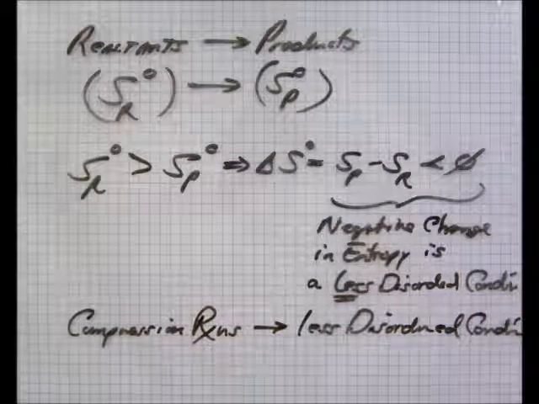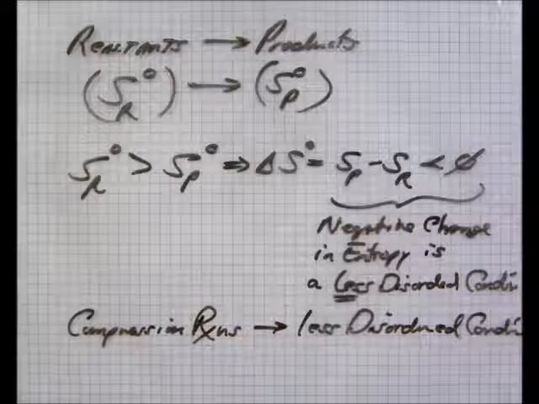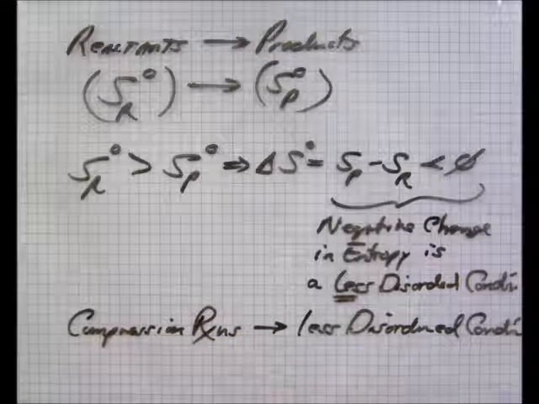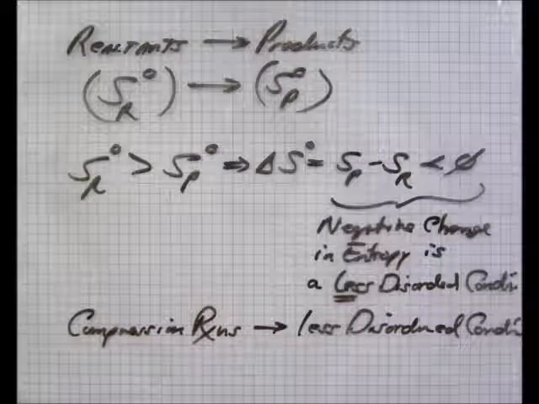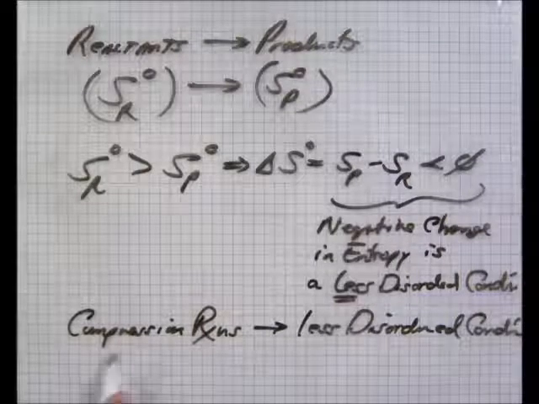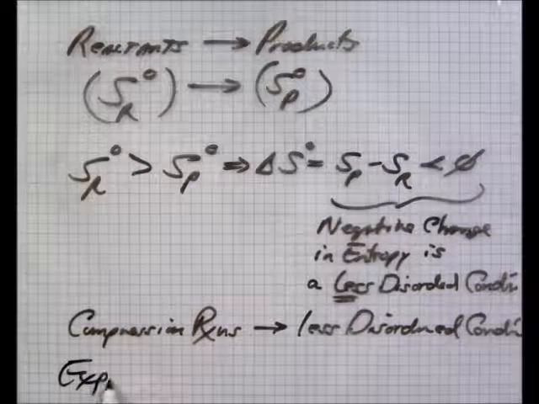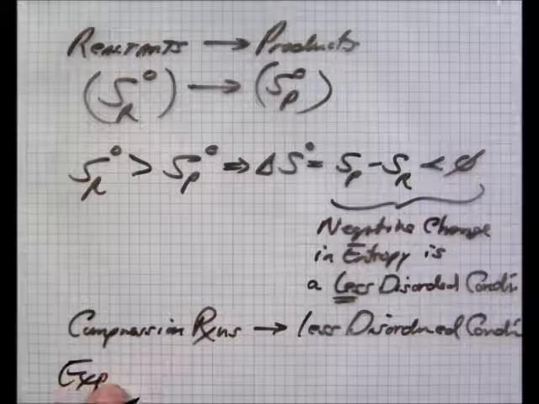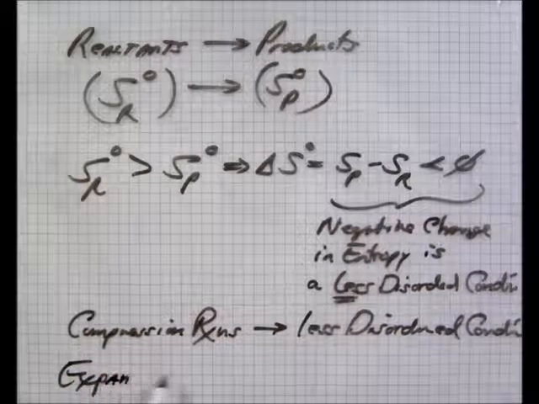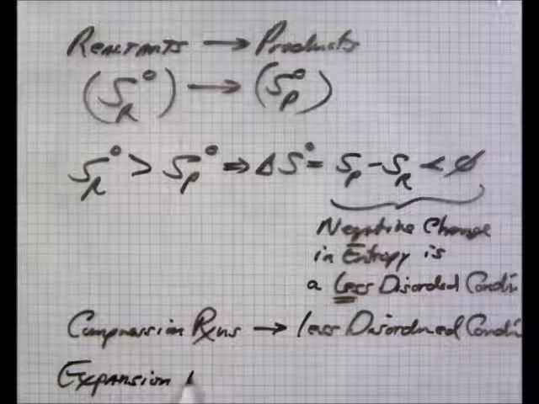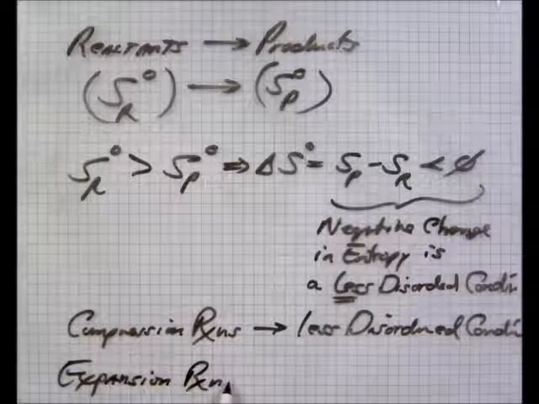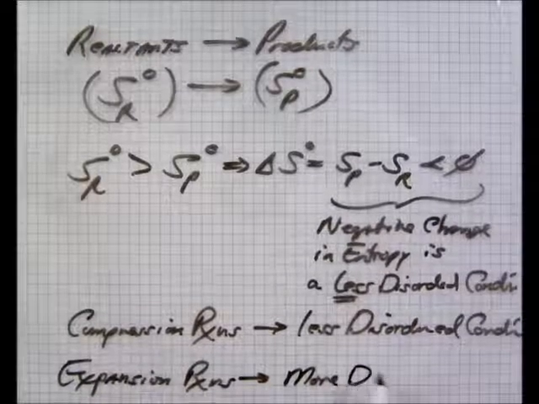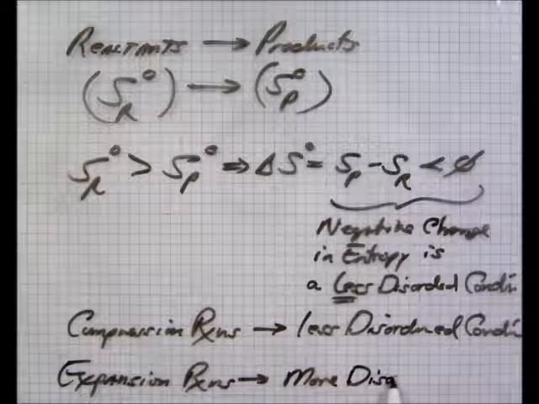Regardless of whether it's gas or liquid or whatever changes. If that's gas, compression means the molecules are coming closer together, which is more ordered. Whereas an expansion is the opposite: more disordered, particles moving further apart.